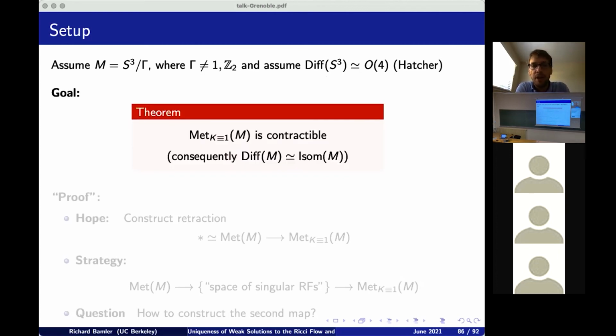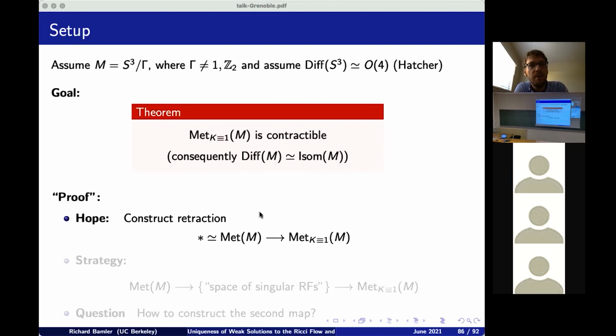Now, what will be our goal? It will be to show that the space of constant curvature metrics on M is contractible. I showed you in the very first lecture that this is equivalent to saying that the diffeomorphism group of M is homotopy equivalent to its isometry group. So it is enough to show this. Recall, in dimension 2, we had a proof of this statement which used the Ricci flow.